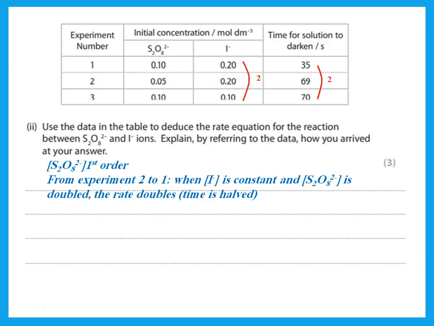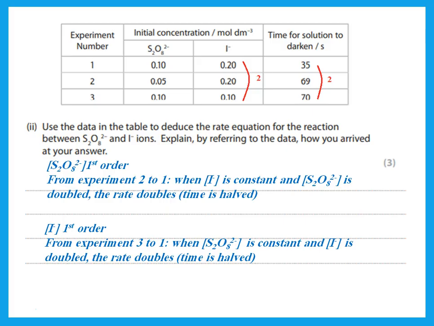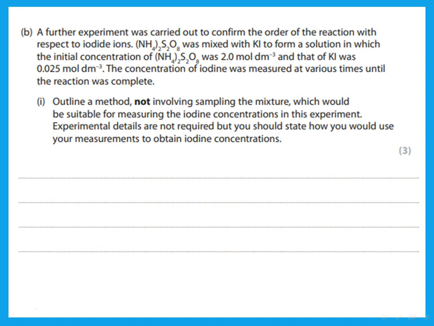So going from experiment 3 to experiment 1, what happened? The concentration doubled. The rate also doubled because the time is half. So this is first order also with respect to the iodide. Now we need to write the rate equation. Rate is equal to K times the concentration of each of them to the power 1.